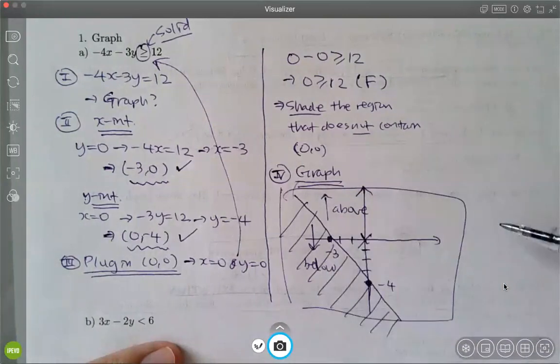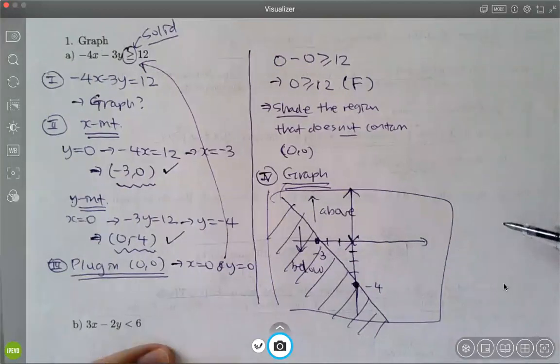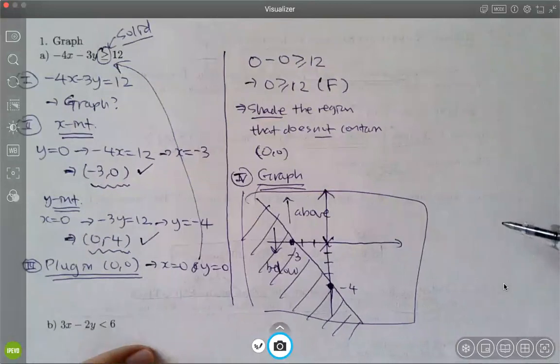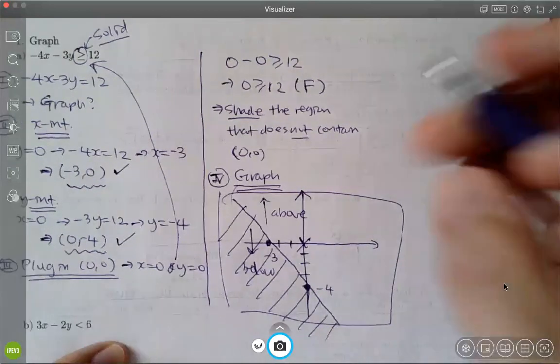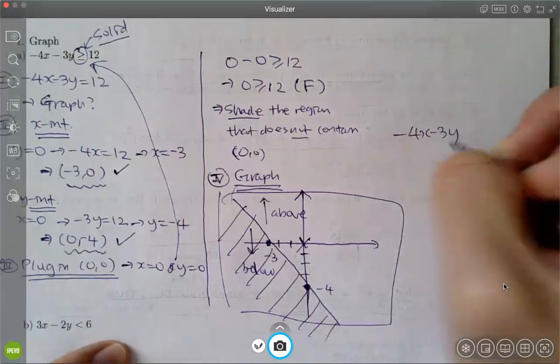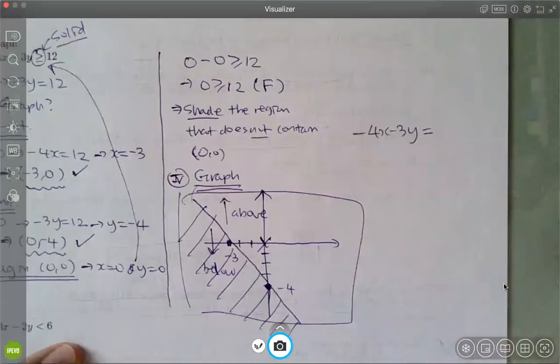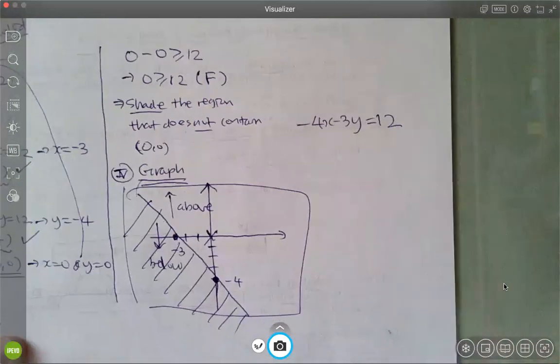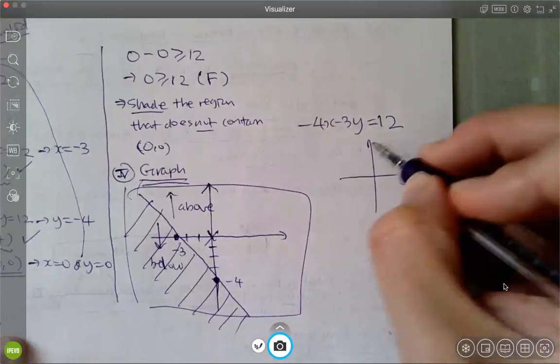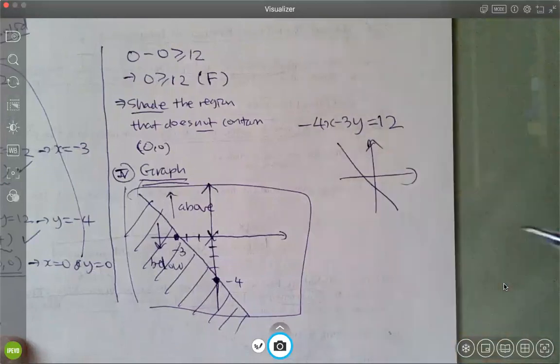Okay. And again, be careful with what kind of equation you are asked to graph. So for example, if you have to graph the line negative 4x minus 3y is equal to 12, then your answer has to stop right here. That's it. You don't ever shade.